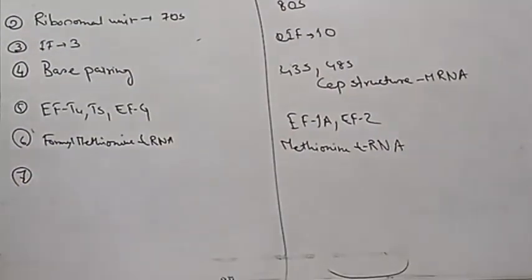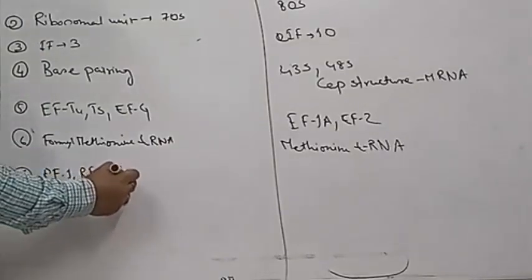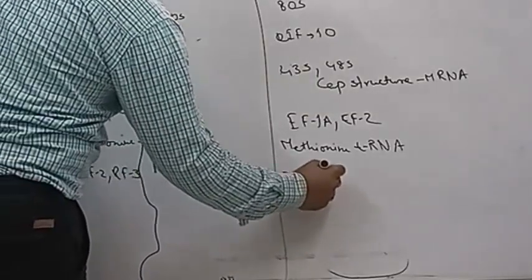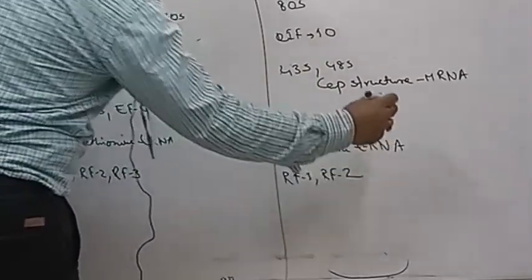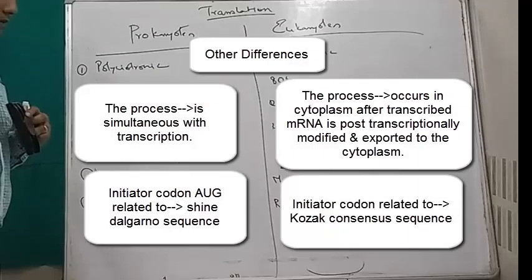Next, coming to the releasing factors, prokaryotes have 3 releasing factors: releasing factor 1, releasing factor 2, releasing factor 3. Here it is only 1 and 2.